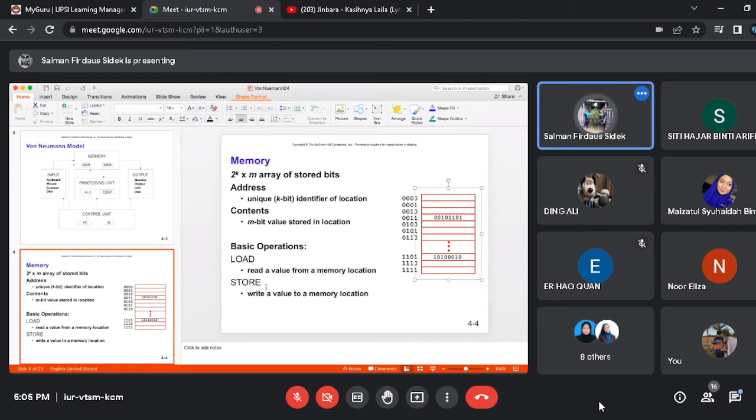Apa yang CPU to memory tu? Apa yang dibuat? What is happening from CPU to memory? The computer keeps what?